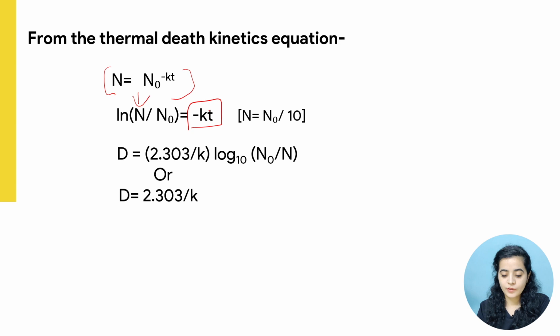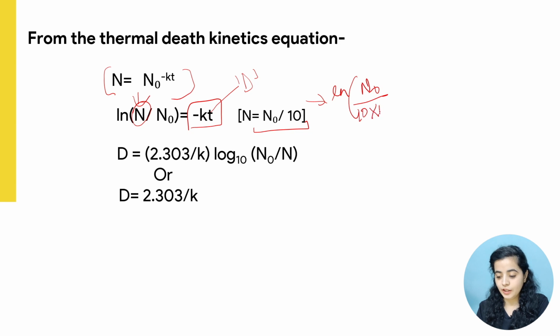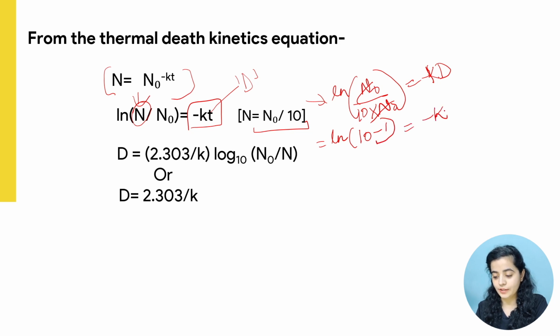Now here we will take T as D, the decimal reduction time, because we want to see the 10-fold reduction of the population. So we put N is equal to N naught divided by 10. So we get ln of N naught divided by 10, upon N naught, equals minus K into D. So we get ln 10 raised to power minus 1 is equal to minus KD.